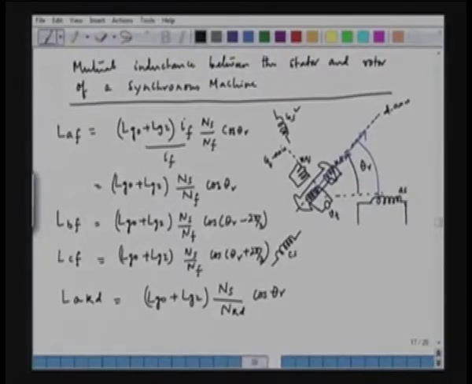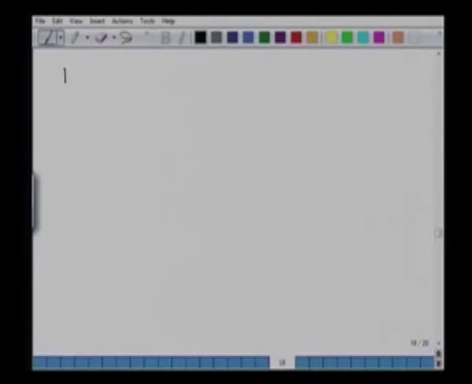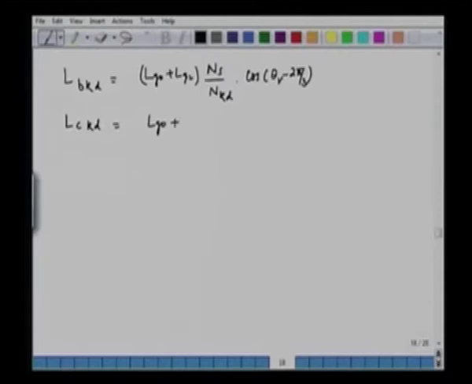And similarly, we can have LBKD, that is equal to Lg0 plus Lg2 into Ns by Nkd into cos of theta r minus 2 pi by 3, and LCKD, that is equal to Lg0 plus Lg2 into Ns by Nkd cos of theta r plus 2 pi by 3.